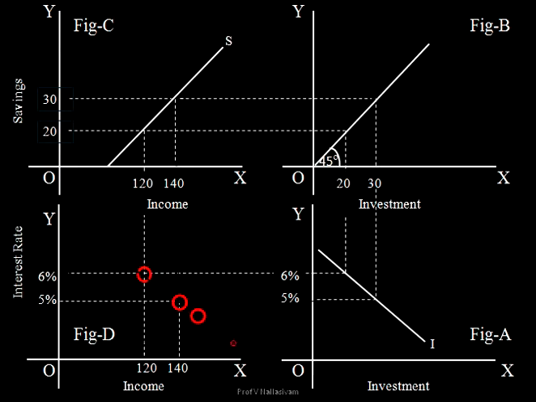Similarly, we can obtain the other points on the IS curve. By joining these points with the help of a smooth curve, we get the IS curve.